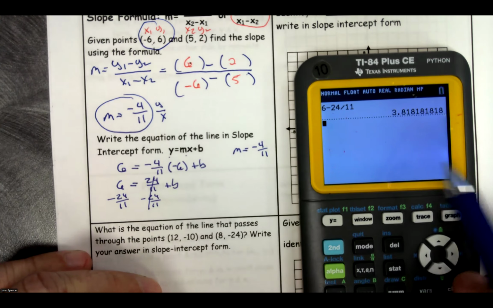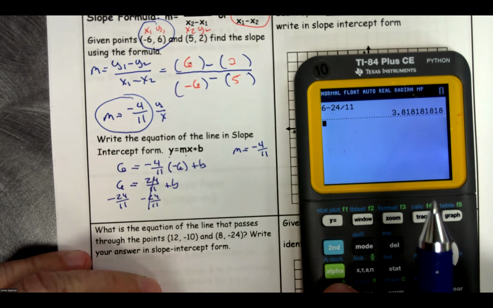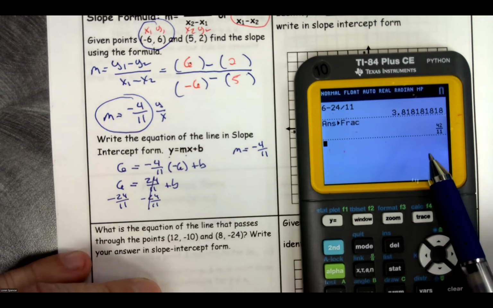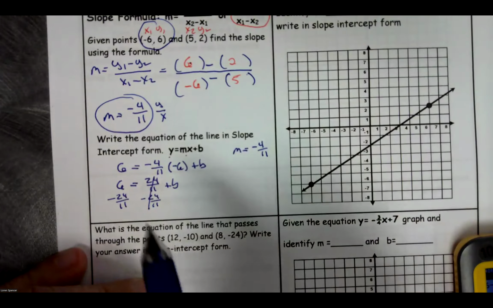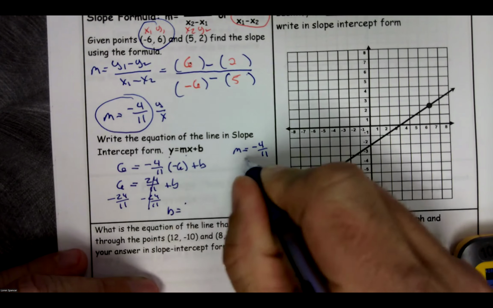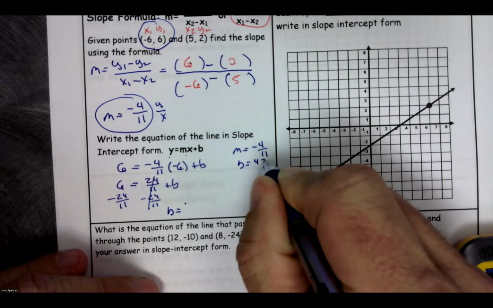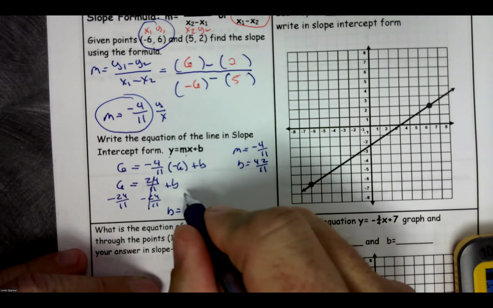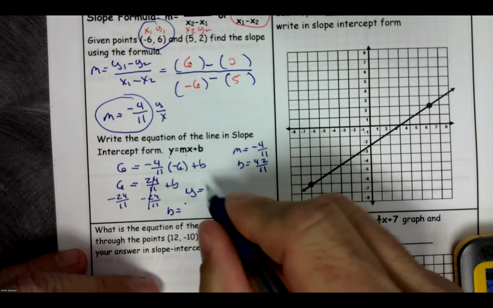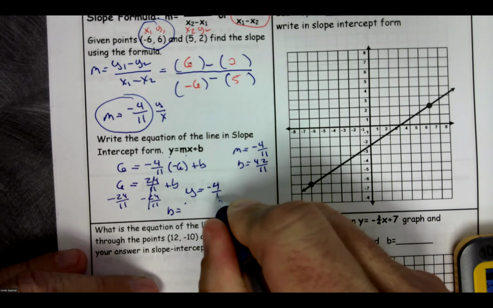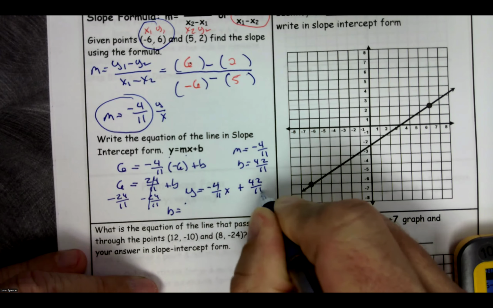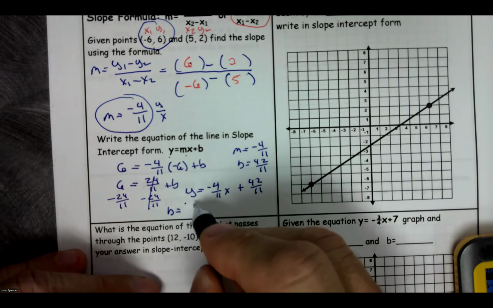And I get 3.818. And if I turn it into a fraction, I can go math, enter, enter, and I get 42/11. So this is b equals 42/11. So my equation is y equals -4/11 x plus 42/11.